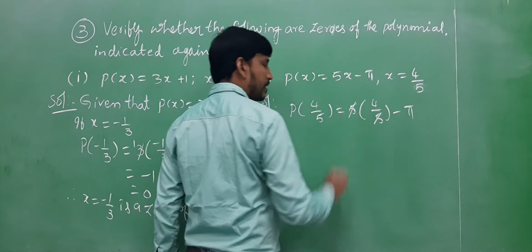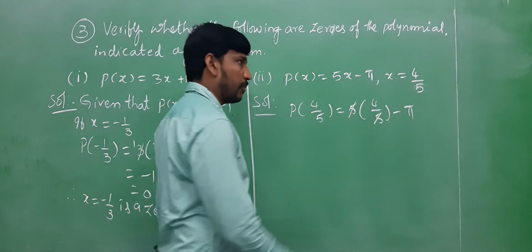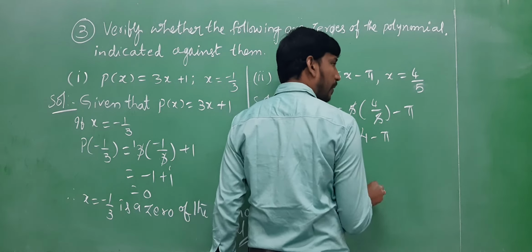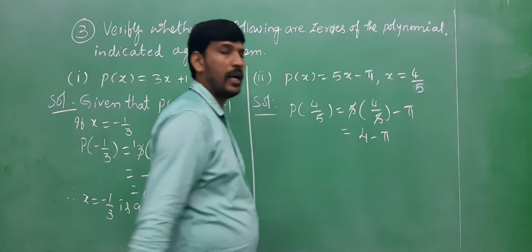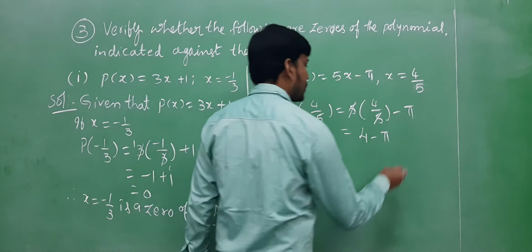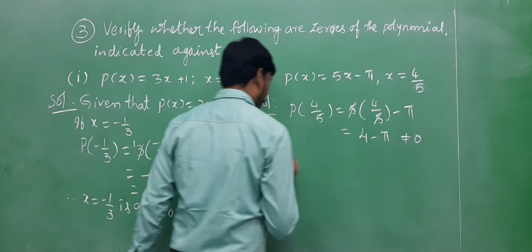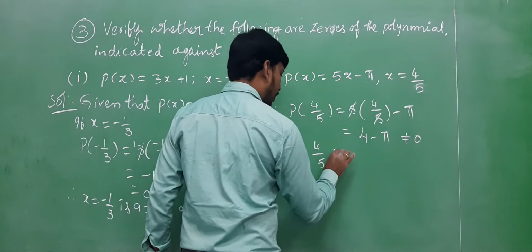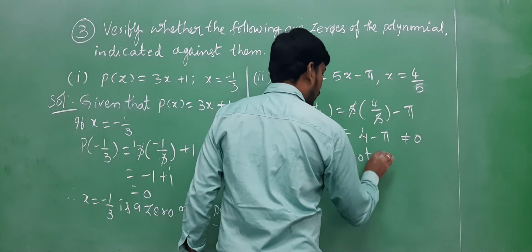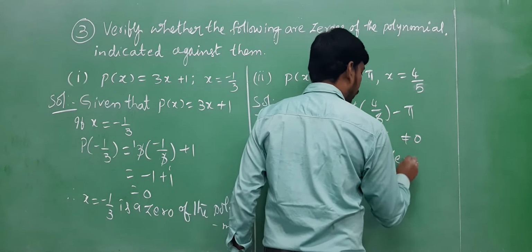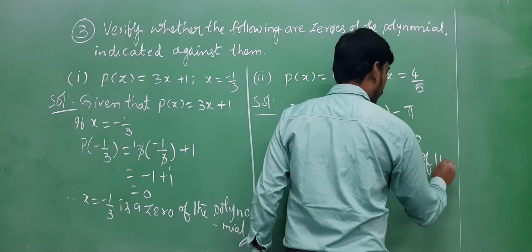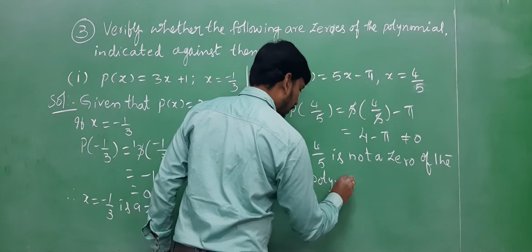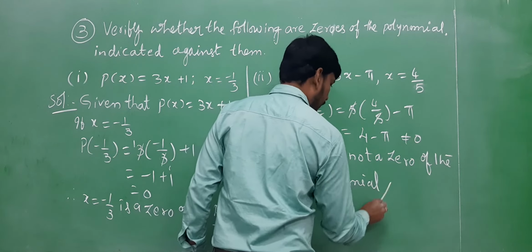Pi will be cancelled because one is in the numerator, one is in the denominator, which is equal to 4 minus 5. 4 minus 5 is a value which is not at all equal to 0. Therefore here x is equal to 4 by 5 is not a 0 of the polynomial. Is this clear, children? Come on, copy these two.